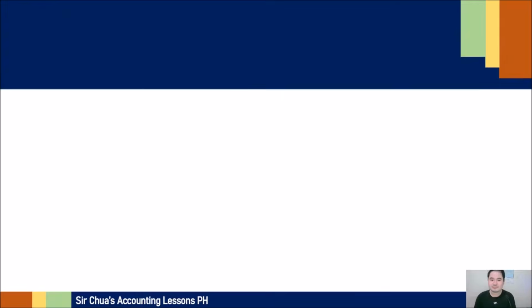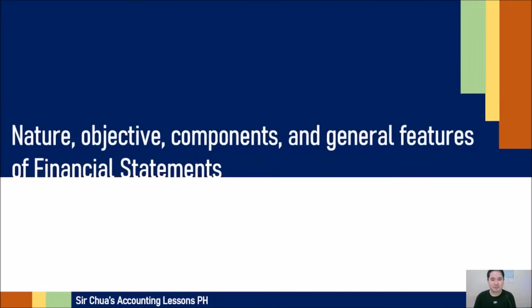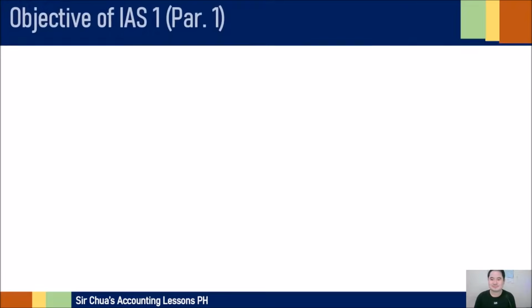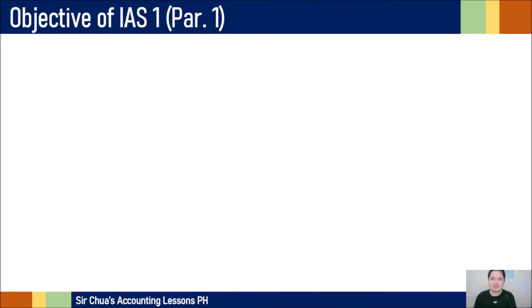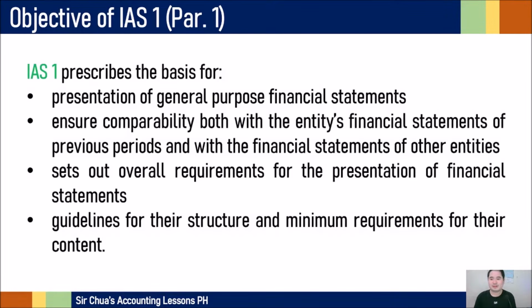Okay? Let's first talk about the nature, objective, components, and general features of financial statements. What are the objectives of the International Accounting Standard 1? So this is according to paragraph 1. Ano po ba ang sinasabi ng IAS 1? Number 1, presentation of general purpose financial statements.